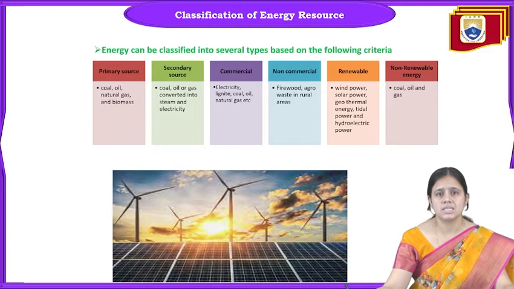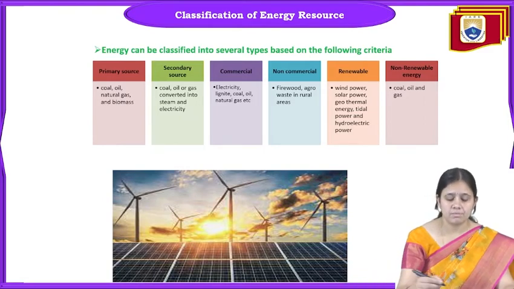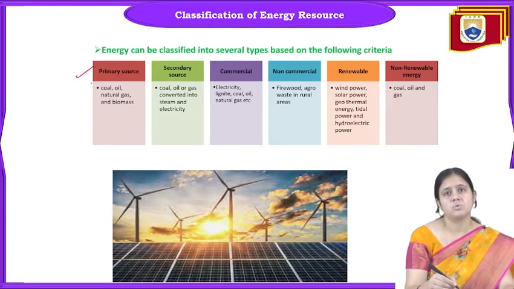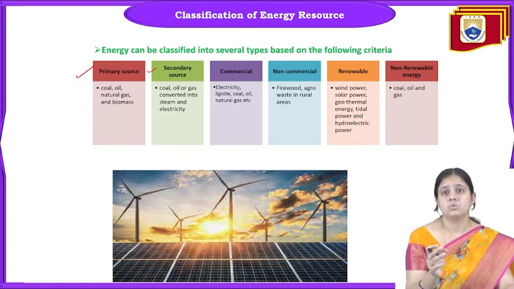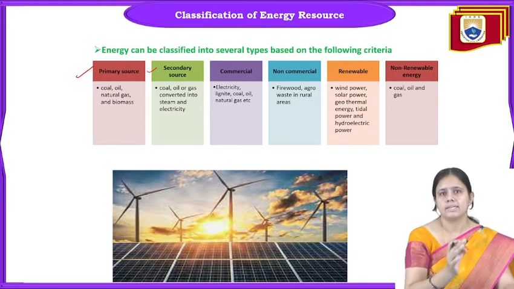A primary source is whatever is available in its natural form, and we use that form of energy directly. A secondary source of energy is one derived from primary sources, for example oil or gas converted into steam and electricity. So the primary sources are just coal, oil, and gas.